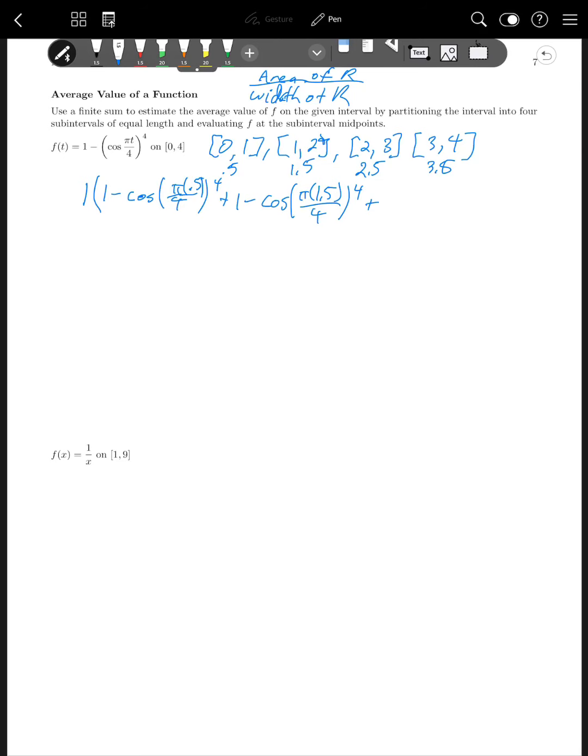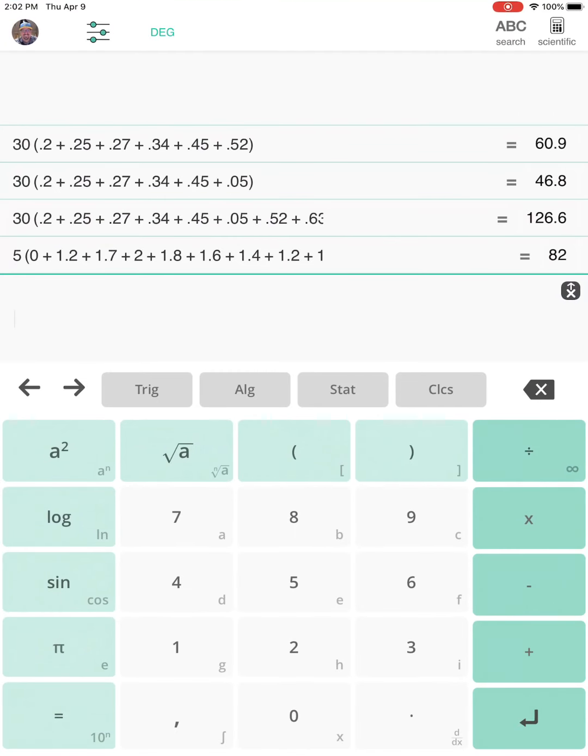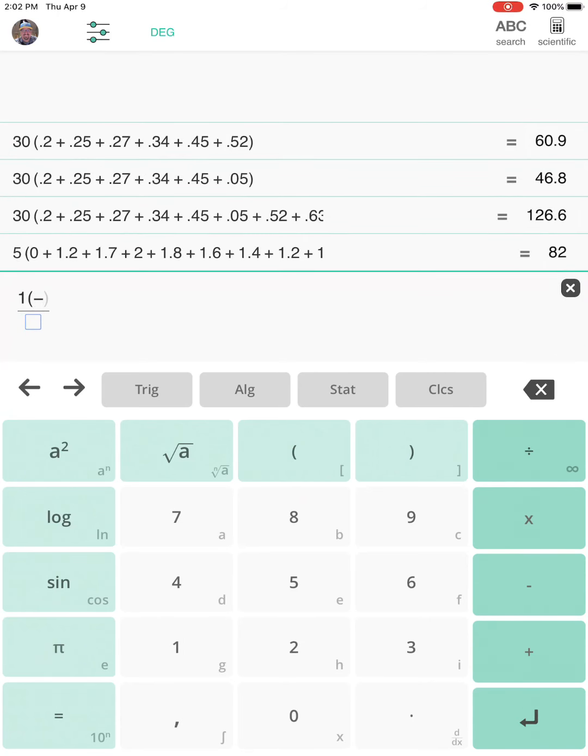So it would be 1 minus the cosine of (pi times 0.5 over 4) to the 4th, plus 1 minus cosine of (pi times 1.5 over 4) to the 4th, plus 1 minus cosine of (pi times 2.5 over 4) to the 4th, plus 1 minus cosine of (pi times 3.5 over 4) to the 4th.